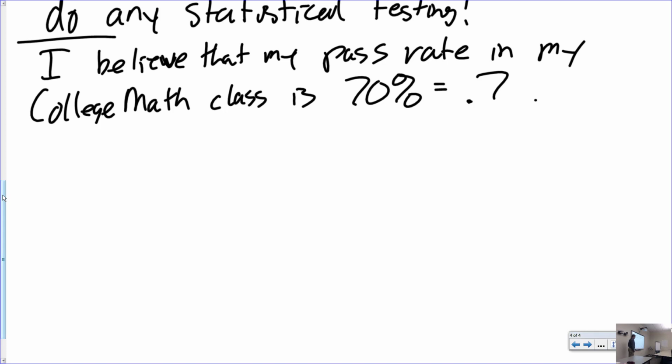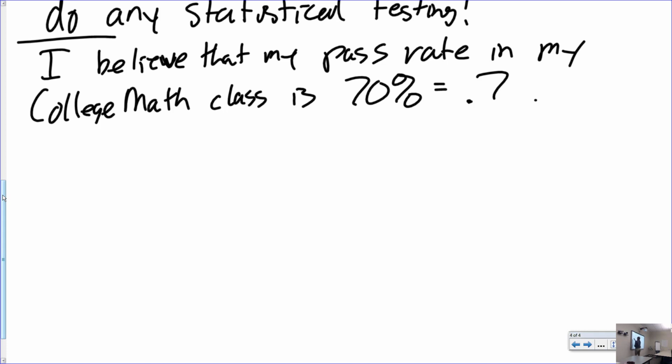You're talking about college math in general? The college math style class taught at all colleges in this country, pass rate's usually somewhere between 50 and 60%. So if I say that my pass rate's 70%, I'm actually being too nice.